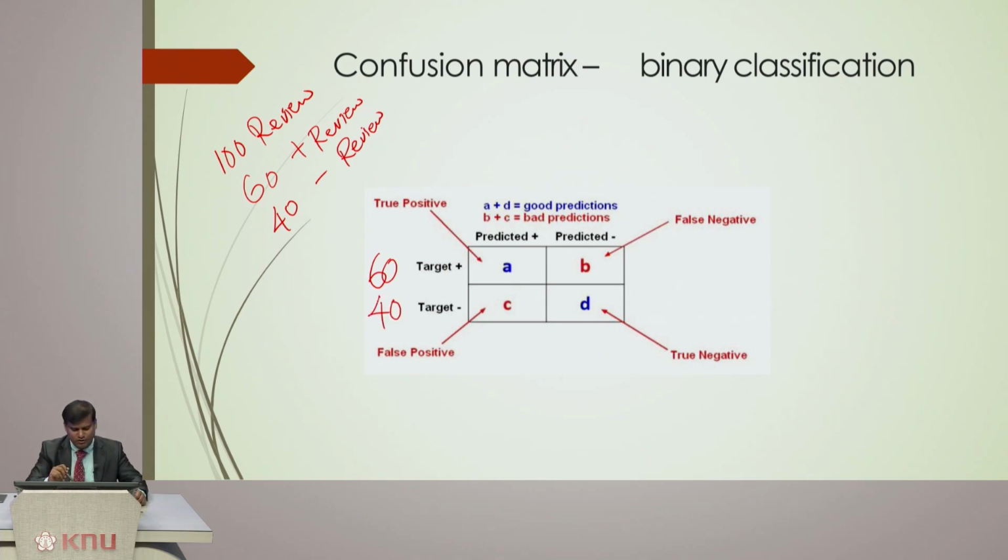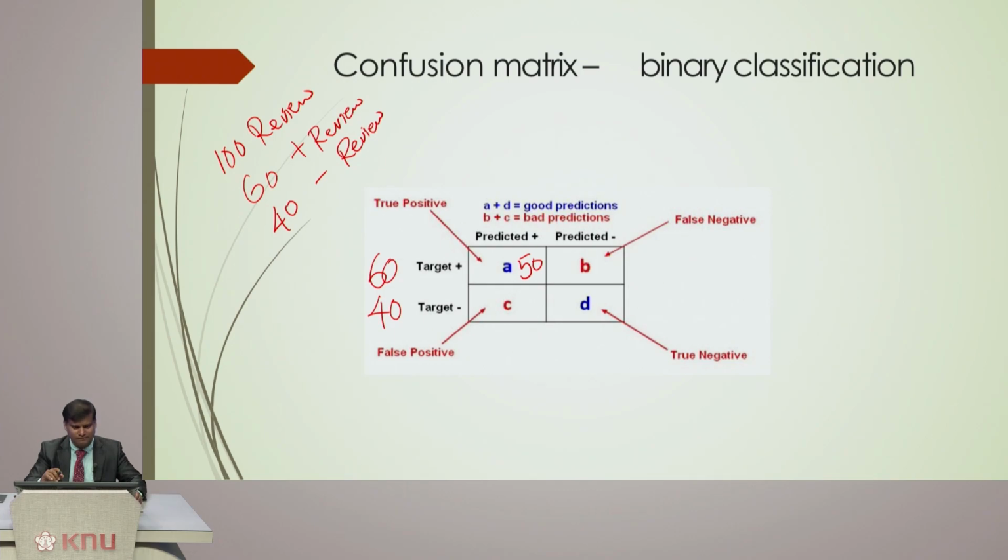Among the 60 positive reviews, our classifier correctly identifies, say, 50 positive reviews. In other words, it provides a true positive of 50.